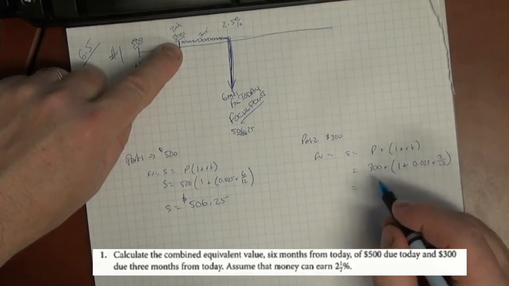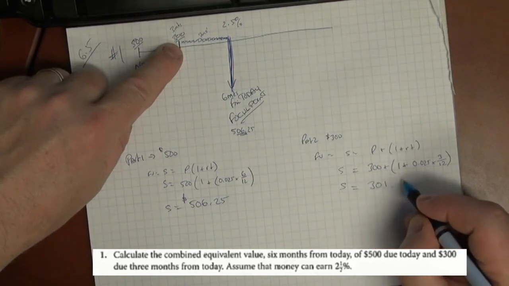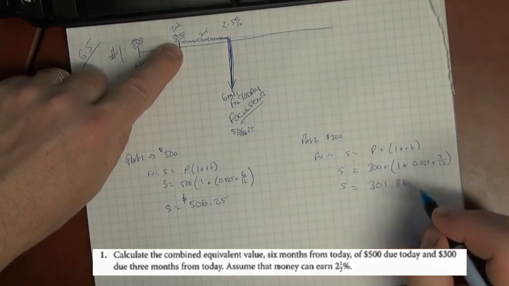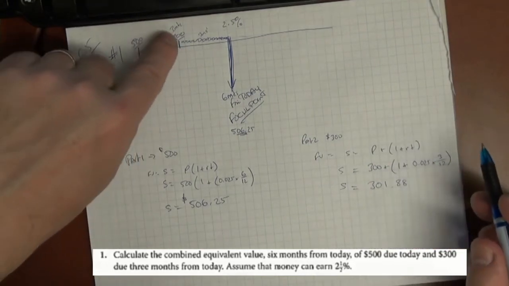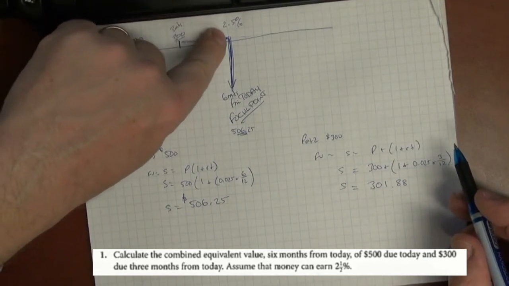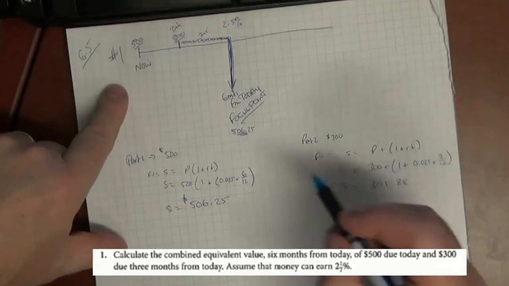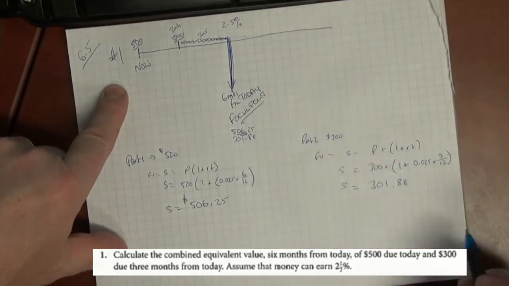We do the math on that, and it will be $301.88. So that $300 put in there in 3 months will accumulate up to $301.88 at the 6-month mark.